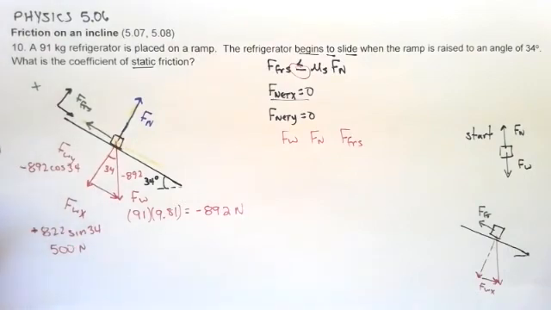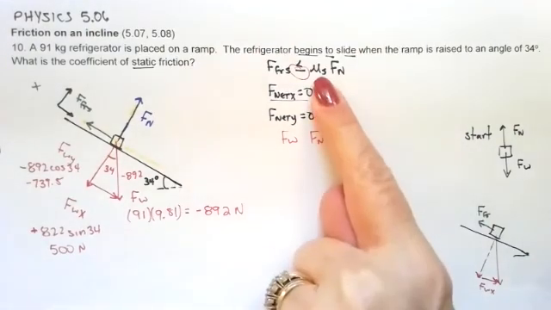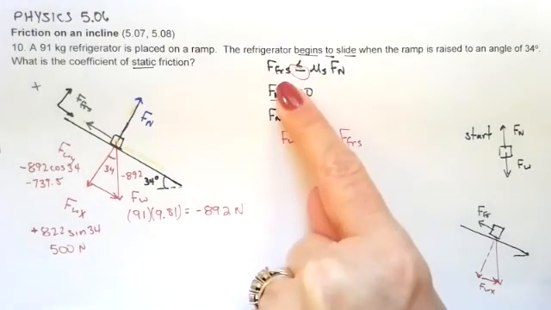And this guy's going to be, if I can read my writing, cannot read my writing, that's pretty bad. So let me punch cosine 34 into my calculator. I'm going to have 739.5. Well, to solve for the coefficient of static friction, I need my normal force and I need my friction force.